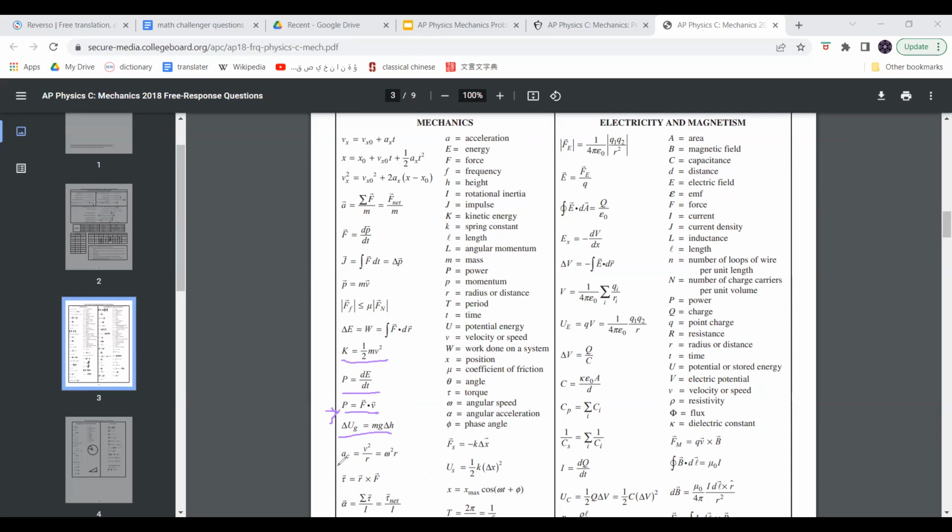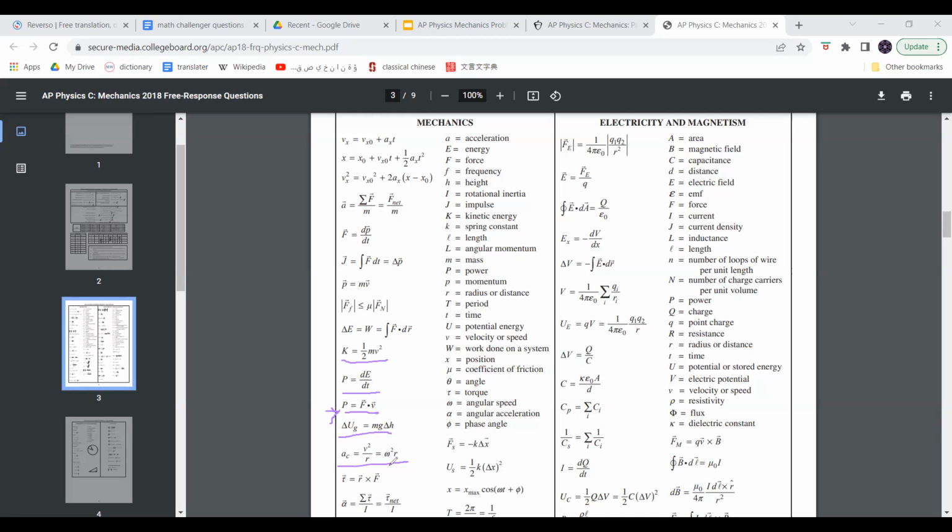This is your definition of centripetal acceleration. This one is best to memorize; there's no way around that. a_c is equal to v squared over r, where v is your linear speed, the speed you go if you're traveling in a straight line.